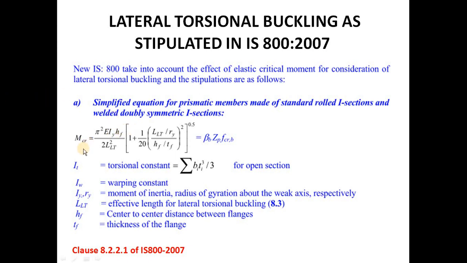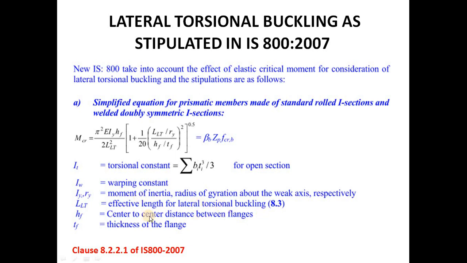Now the first term, IT, refers to the torsional constant, and it is given by this formula for open sections. IW is called the warping constant. IY and RY are the moment of inertia and radius of gyration about the weak axis respectively. LLT is the effective length for lateral torsional buckling, which you have to consider, and it is given as per clause 8.3.